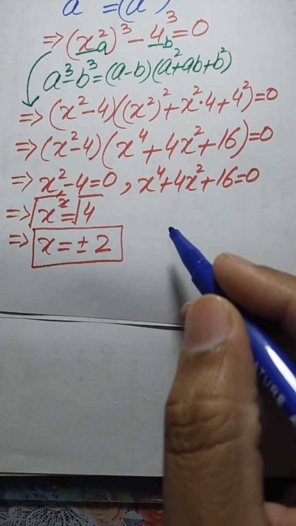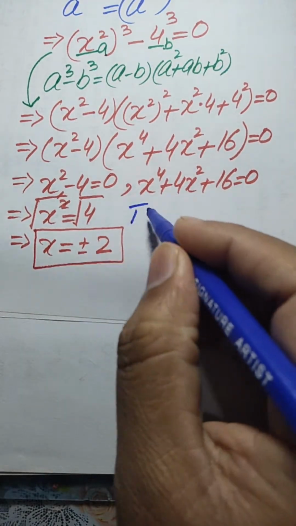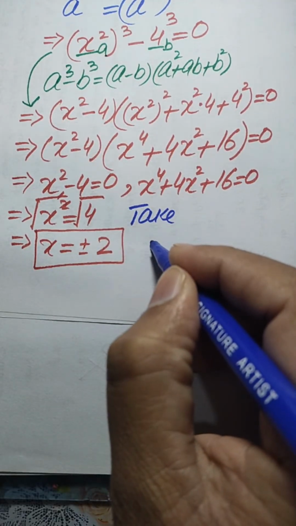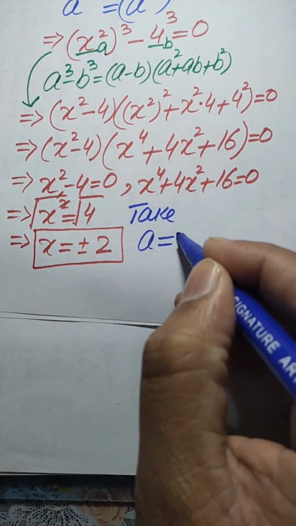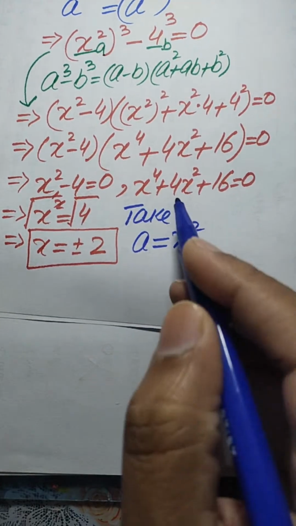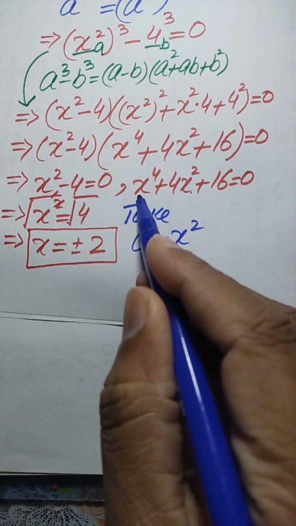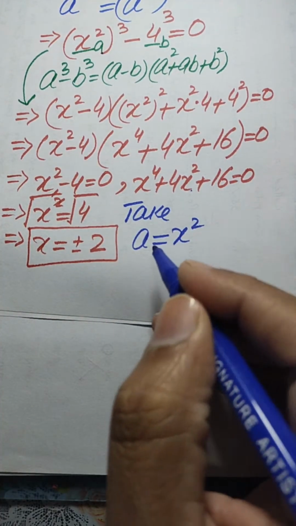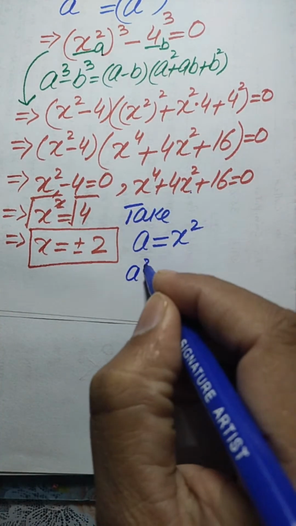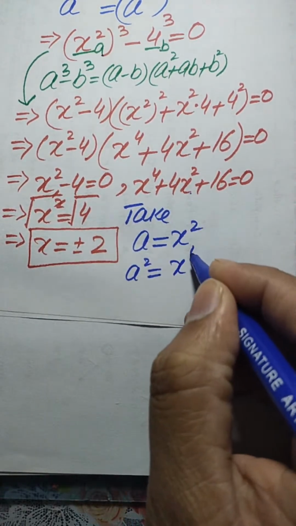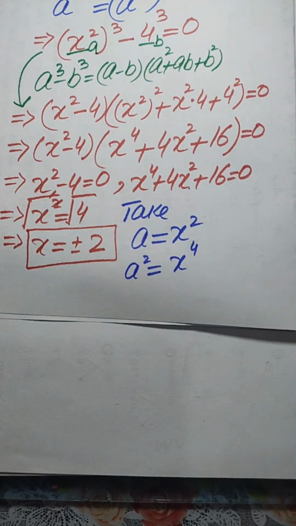For this we need a little bit of substitution, so we take a equals x square. So we take x square equals a, and for the value of x to the power of 4 we apply squaring on both of the sides, and it becomes a square equals x to the power of 4.